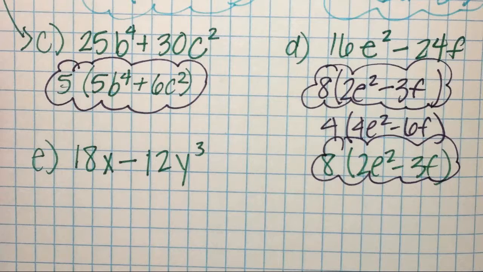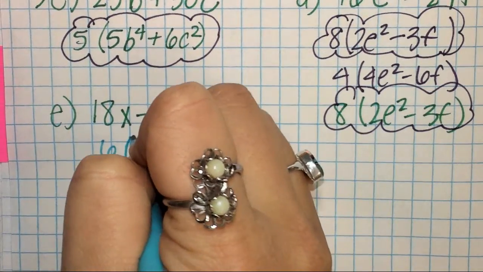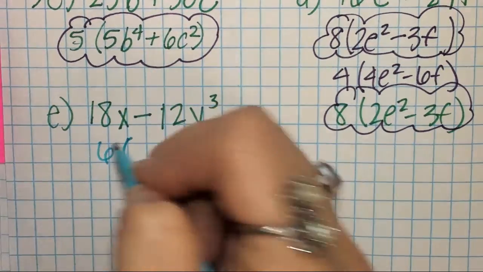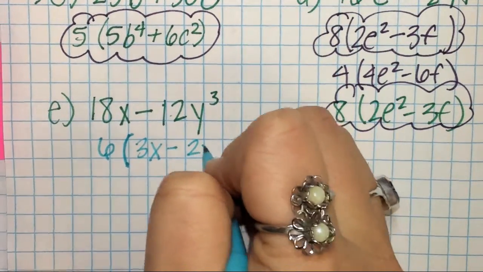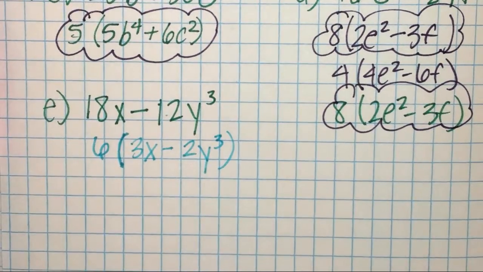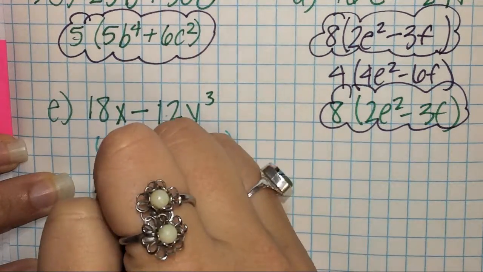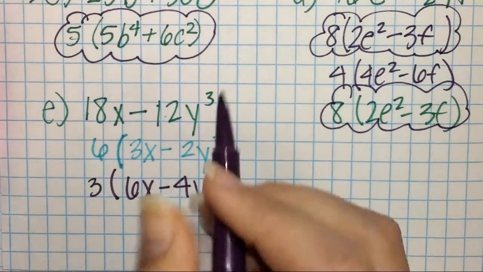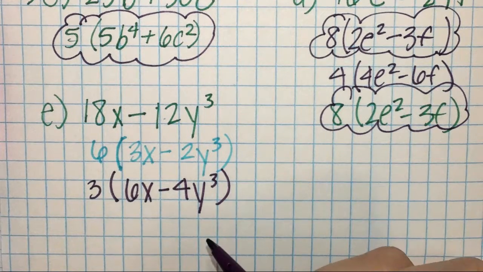Yes. Alright, what's the biggest number that goes into 18 and 12? 6. Yes. Awesome. I chose 3. Well, okay. Hold on. 18 divided by 6 is? 3. And 12 divided by 6 is? 2. Alright, so if we chose 3, you would get 6x minus 4y cubed, right? And do 6 and 4 have something in common? They do. It's 2. You would have to take 2 out.